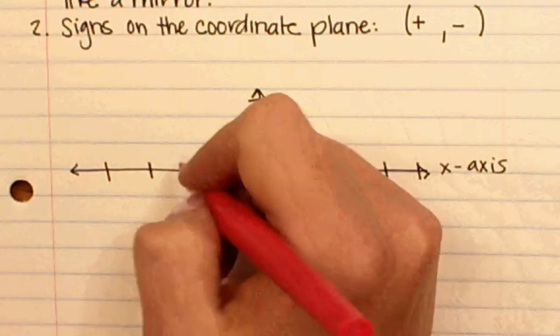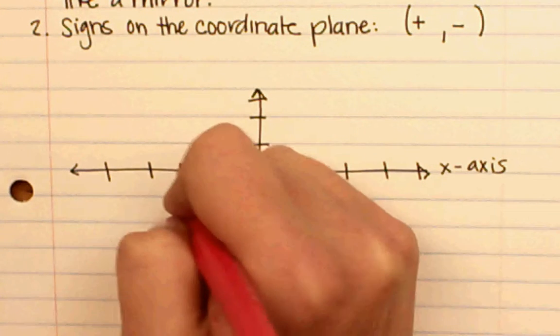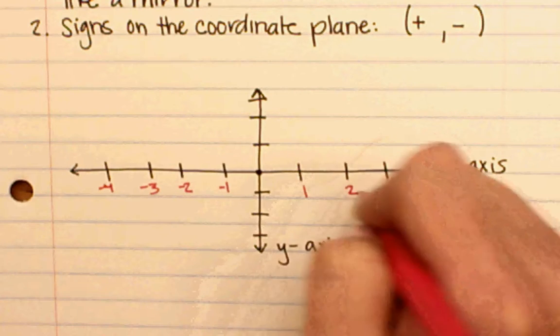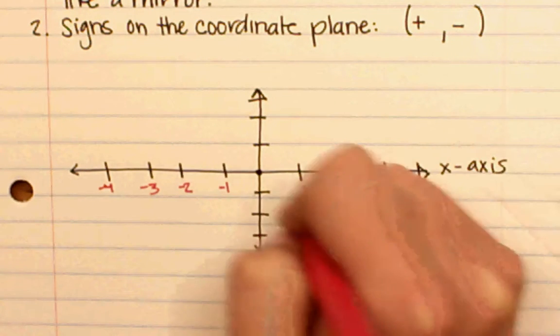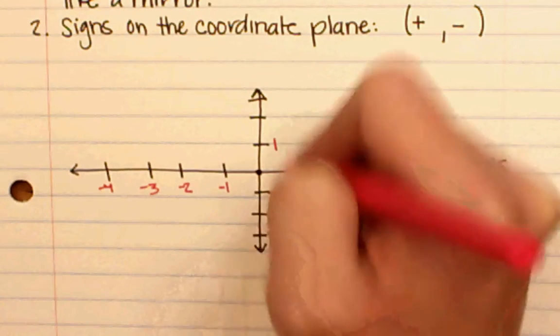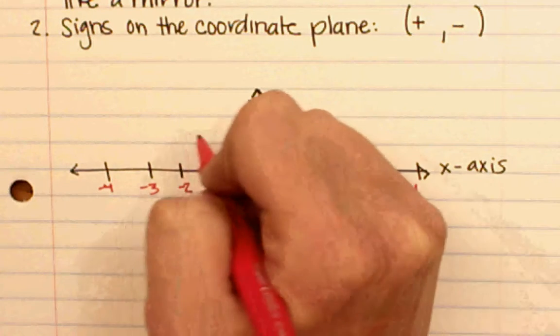Negative 1, negative 2, negative 3, negative 4, 1, 2, 3, 4, 1, 2, 3. Those are negatives, 1, 2, and 3. So I'm going to plot a point at negative 2 and 1.